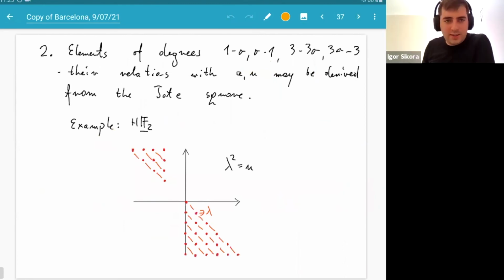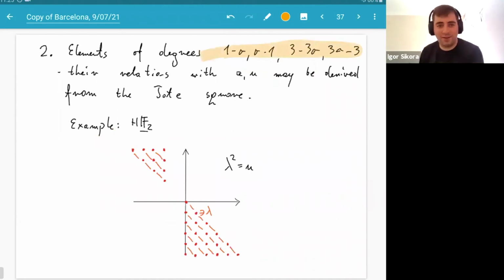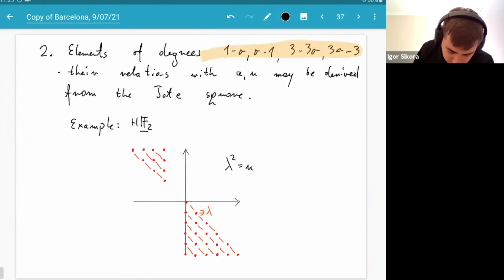The second ingredient is 4 elements which we also need to describe. These are elements of degrees 1 minus sigma, sigma minus 1, 3 minus 3 sigma, and 3 sigma minus 3. However, the relations with A and U may be derived from the Tate square, and as an example, we have here HF2, and here we have the non-trivial class of degree 1 minus sigma.